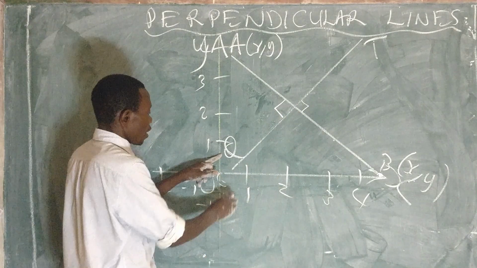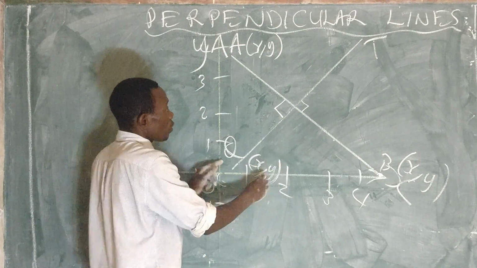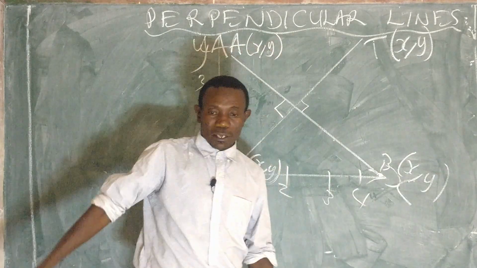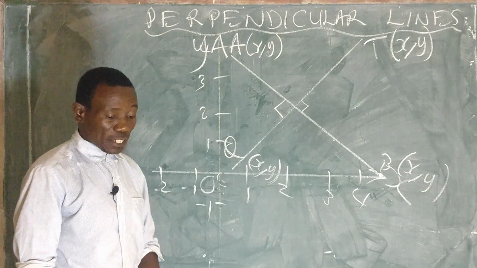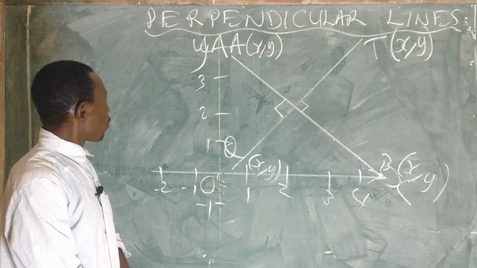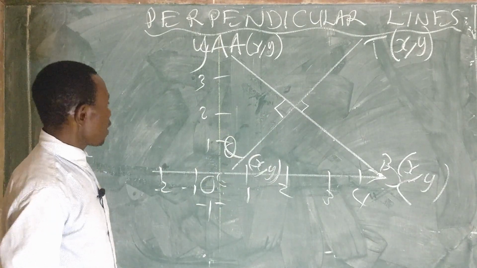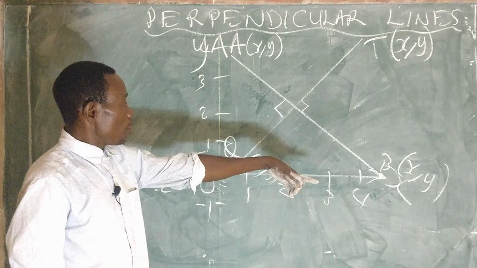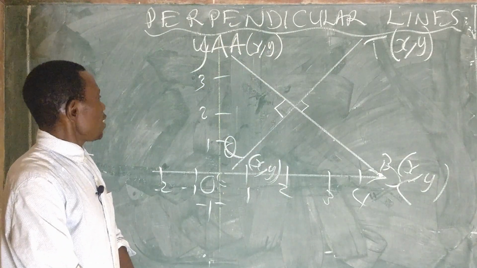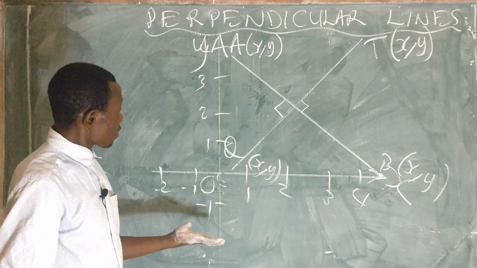Also, it has got the X and Y coordinates, and this point also has X and Y coordinates. We have such situations, and that is normal. You can draw several lines, but the lines can be crossing at right angle. In this situation, we say that line AB is perpendicular to line TQ.